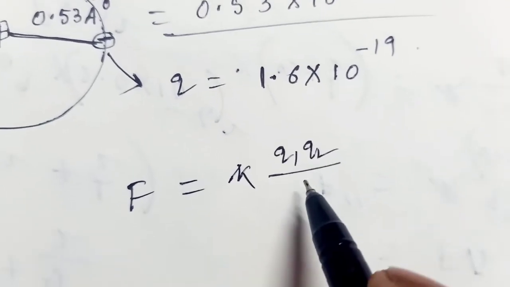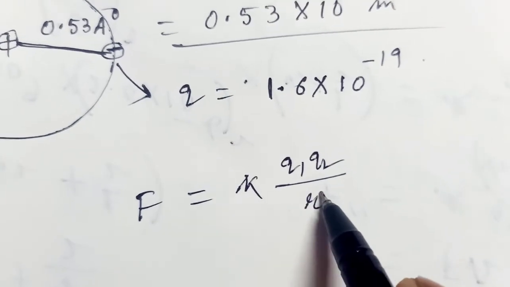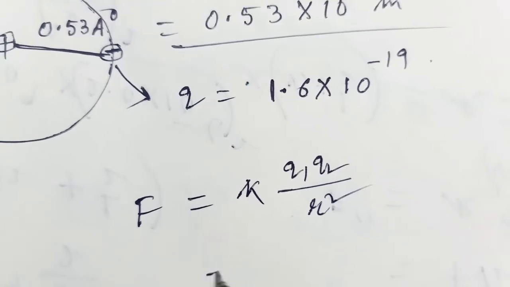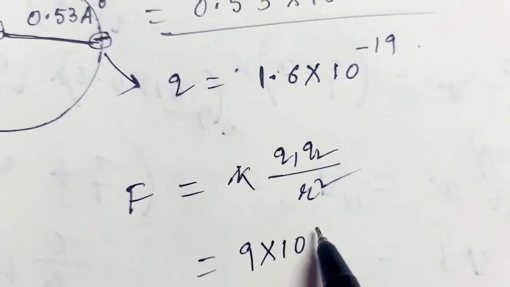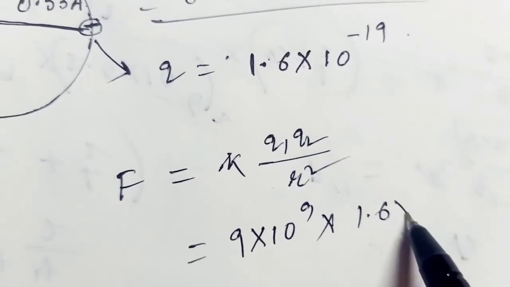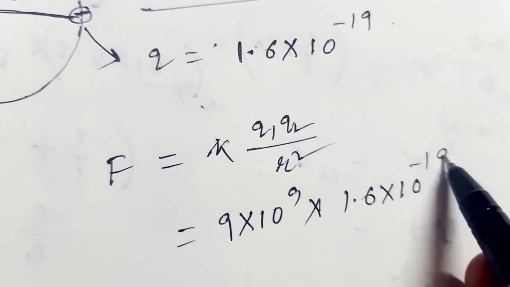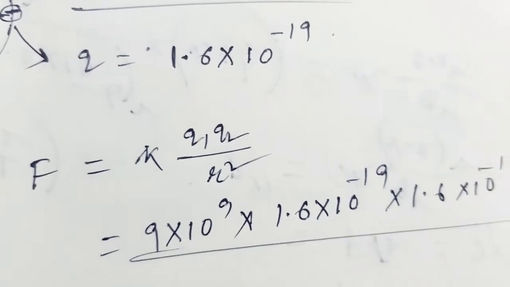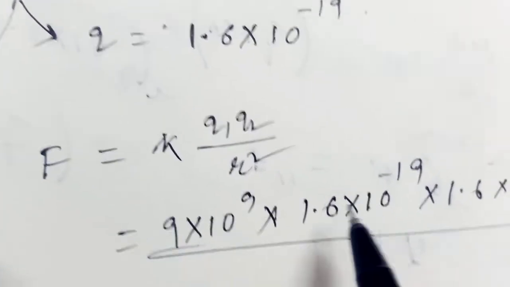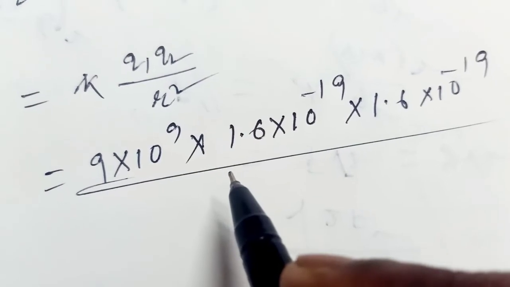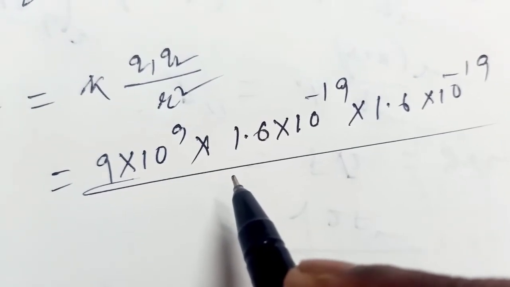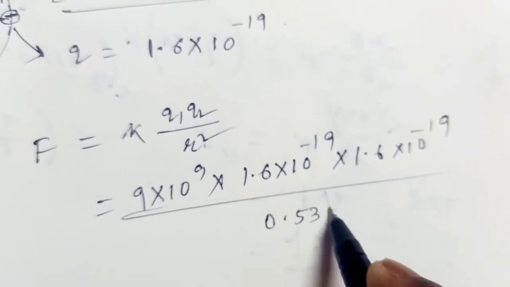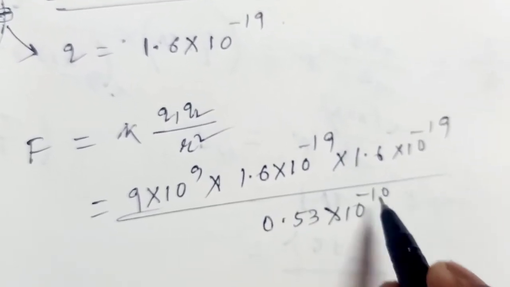K is the proportionality constant and the distance is R. So F equals K Q1 Q2 by R square. Here K equals 9 into 10 to the power 9, into 1.6 into 10 to the minus 19 into 1.6 into 10 to the power minus 19, divided by R square, where R square is 0.53 into 10 to the minus 10 whole square.